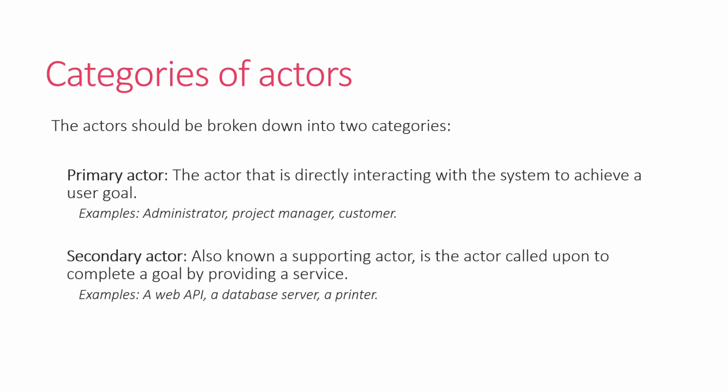Categories of actors. The actors are categorized in two different categories. First, we have the primary actors, and the most important. The primary actors are the actors that are directly interacting with the system to achieve a user goal. For example, we have the administrator. What does an administrator do? They assign roles in the system, create account permissions, update the software.